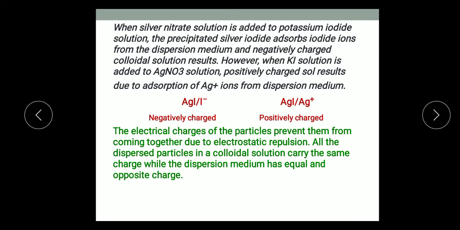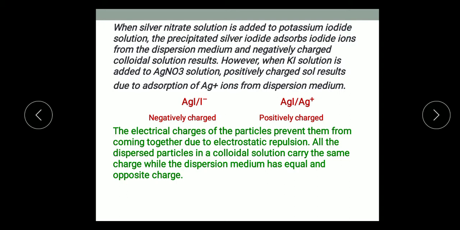Similarly, if we add a small amount of KI solution into a test tube which contains silver nitrate solution, then we get a precipitate of silver iodide.